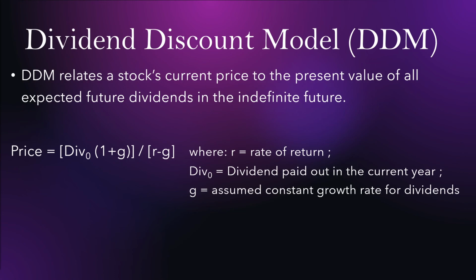And you will then divide it by the rate of return minus the growth rate. Now, this model allows us to calculate the intrinsic value of a stock, and this can sometimes be used to determine if a stock is undervalued or overvalued.